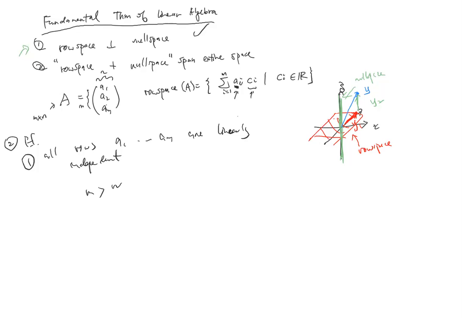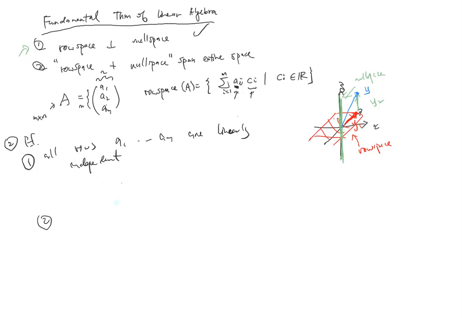So at most, I can have m equal to n. In general, m will be less than or equal to n here. But we'll assume m is strictly less than n, because the case when m equal to n is trivial.